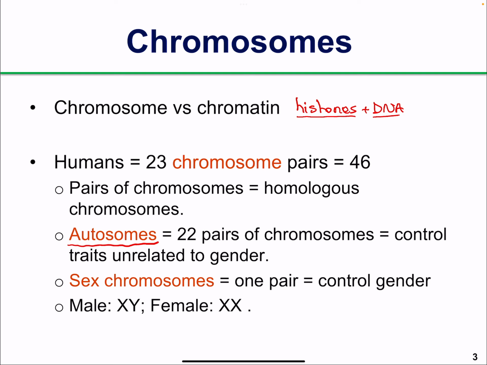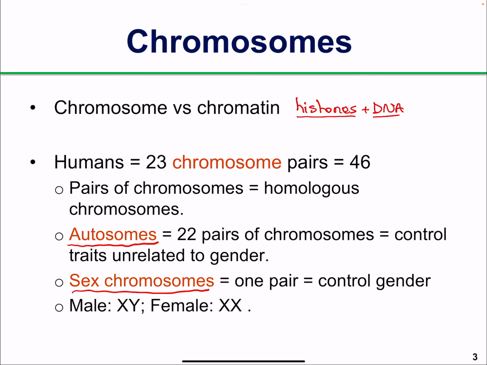Now, the one pair that determines if you are male or female is called the sex chromosomes. These sex chromosomes occur in two kinds. You have chromosome X and chromosome Y. For a male in humankind, a male carries a chromosome X and a chromosome Y.